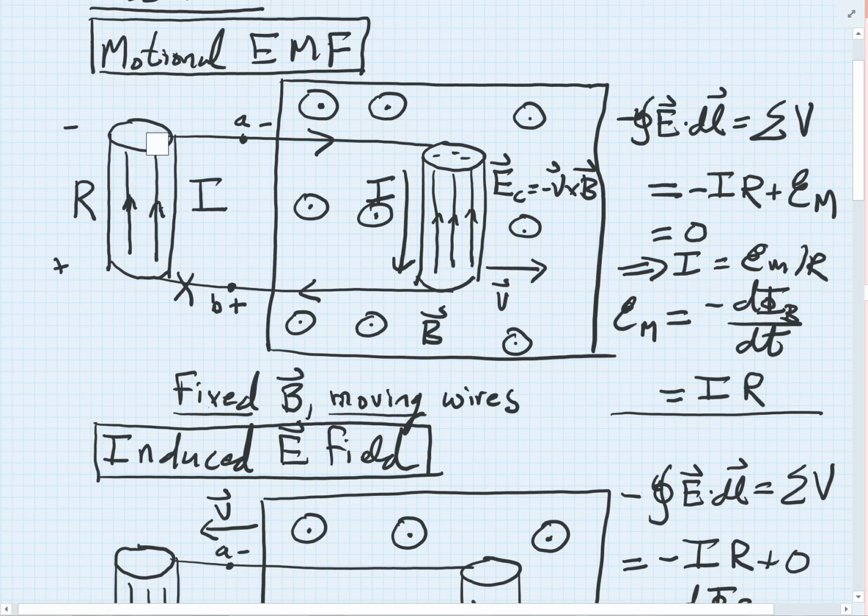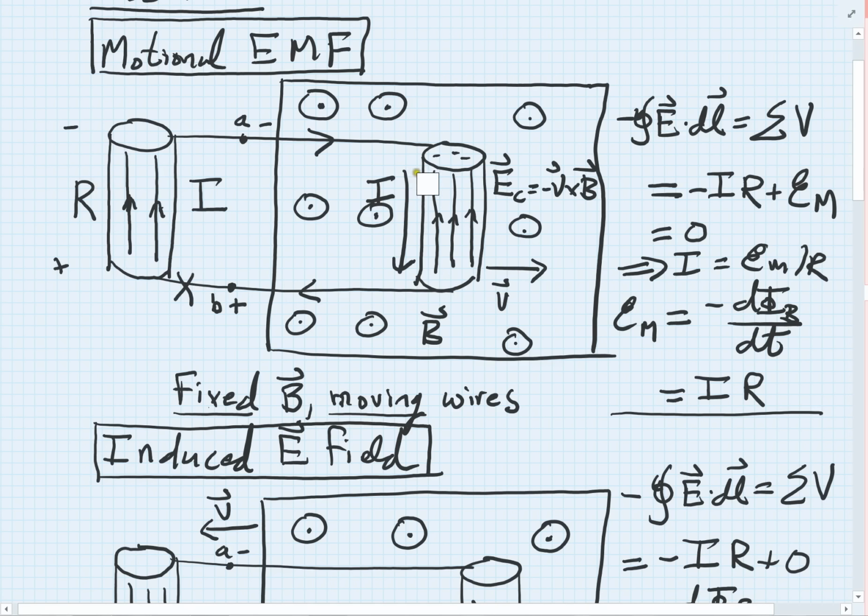Now, this current must be inducing forces that are making it difficult for us to maintain this velocity. That's because those external forces must be necessary to maintain the velocity, because they are the ones inputting the energy that's ultimately dissipated in the resistor. And we can see that that is in fact the case.